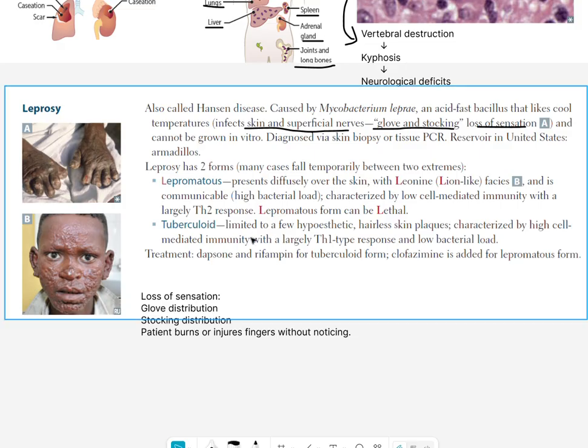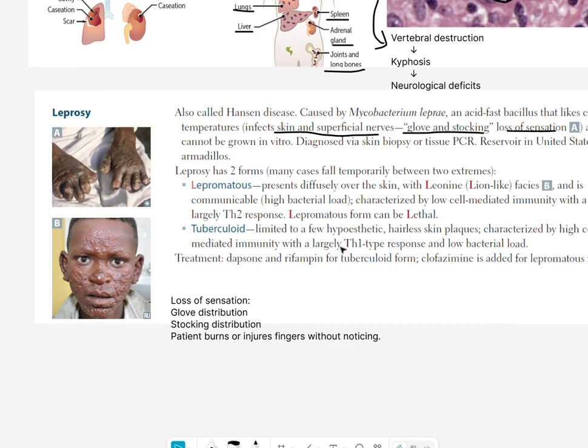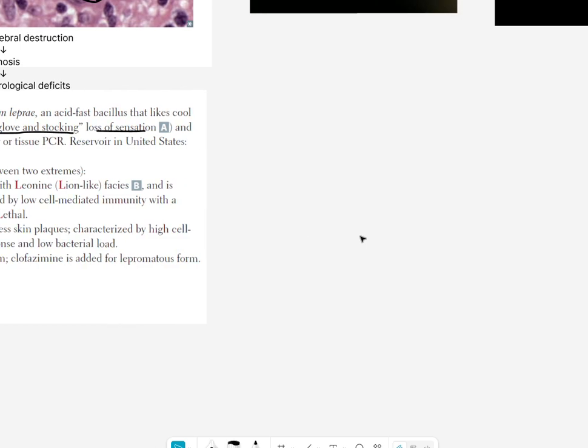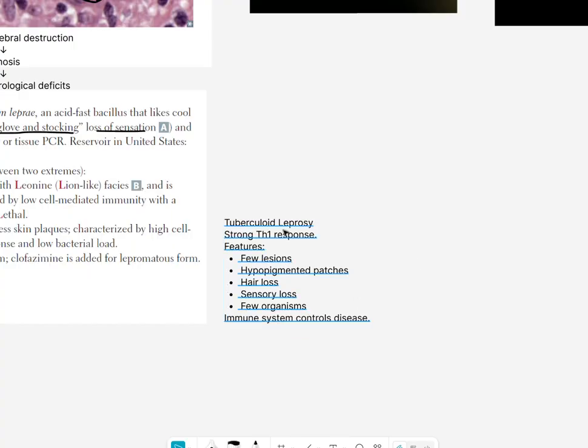The tuberculoid form has a strong Th1 response, with few lesions, hypopigmented patches, sensory loss, hair loss, and few organisms. The immune system basically controls the disease in tuberculoid leprosy. That is something you should know.